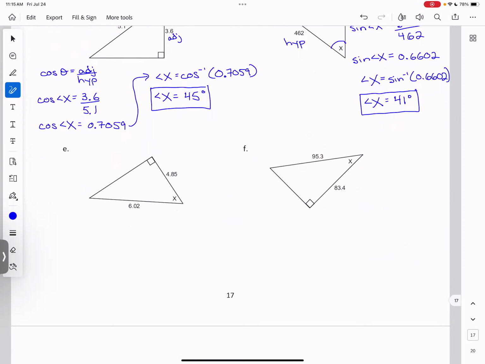All right, next one. We've got a hypotenuse here and an adjacent side, so we're going to use cosine. We know cosine of any angle theta is adjacent over hypotenuse. So cosine of our angle x is going to be 4.85 over 6.02.